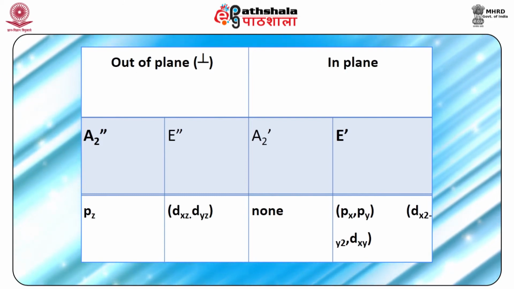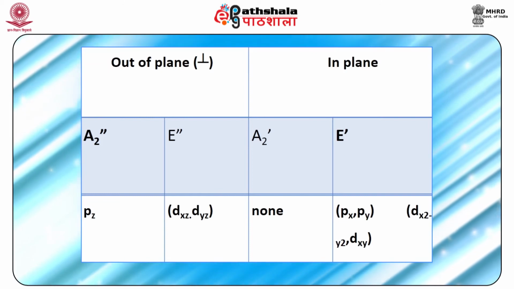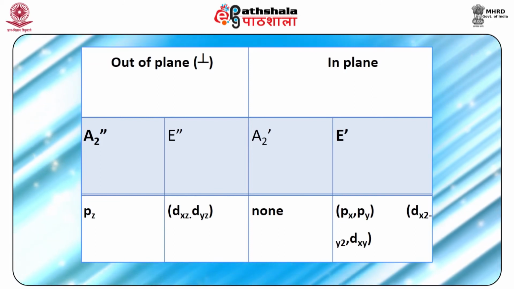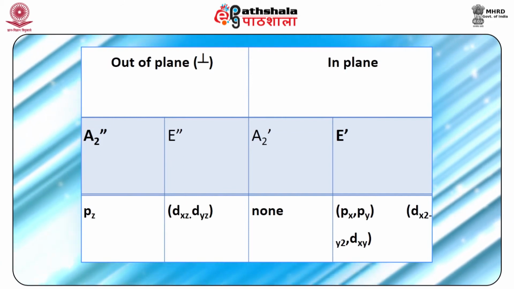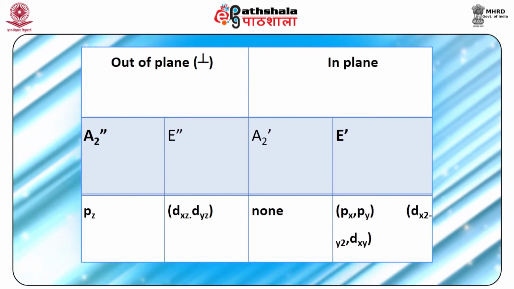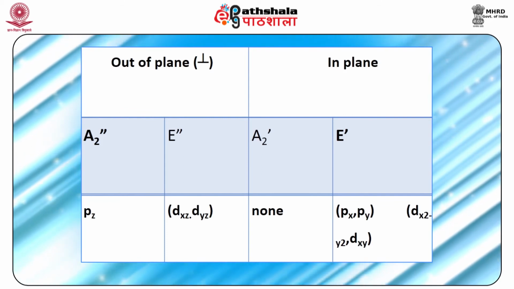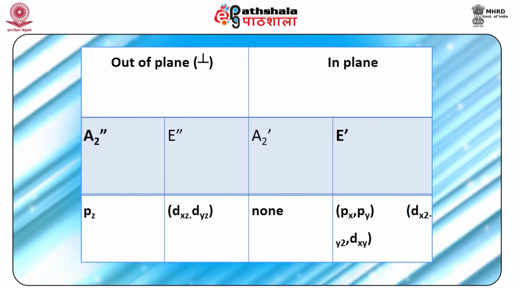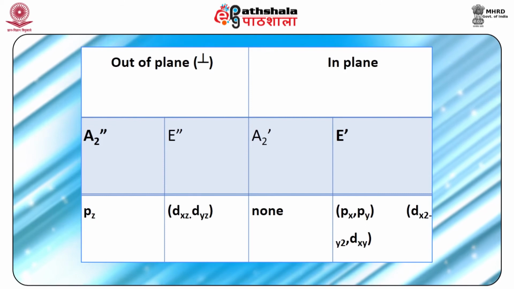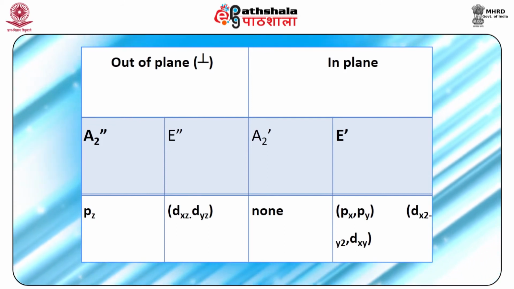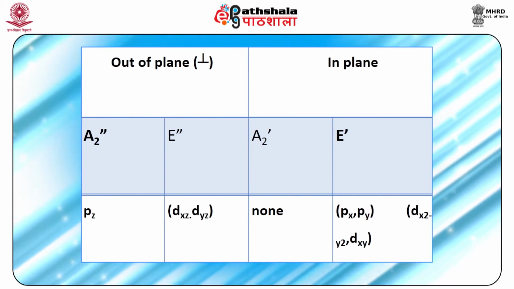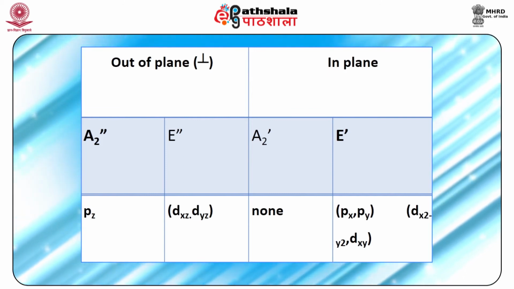Out of plane I have A2 double dash and E double dash. Here I have pz and dxz, dyz as the orbitals. For in plane we have A2 dash, where none of the atomic orbitals is there. For E dash we have px, py or dx square minus y square, dxy.